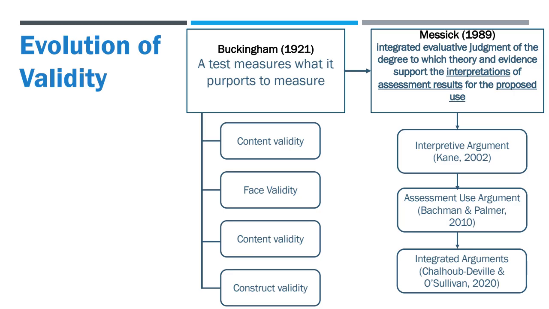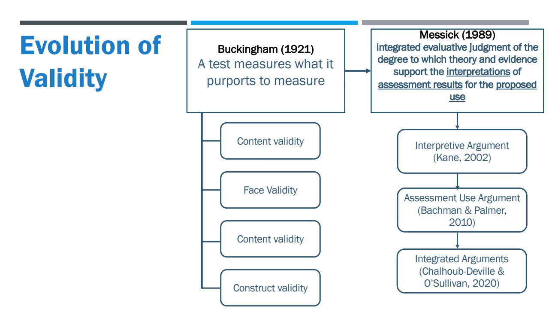It was the test is valid. But it changed towards the end of the 20th century, starting with Messick, and there were others in Europe as well looking into that and changing that thinking, that moved to broader concerns with how the results are used. And they came up with this theoretical definition, as Messick put it, that integrated evaluative judgment of the degree to which theory and evidence support the interpretation of assessment results for the proposed use.